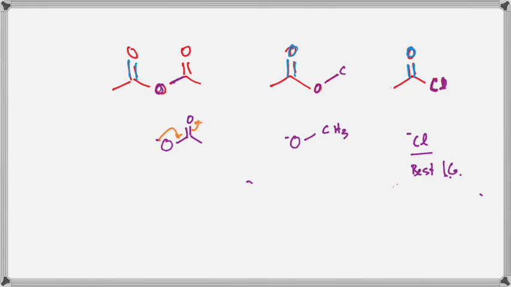That left one does have a resonance effect. The middle one does not. What does that resonance effect do to the effective charge on the oxygen? It reduces it, which means it's more stable than this one.